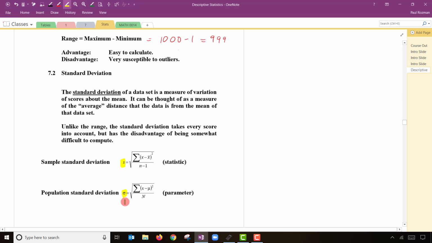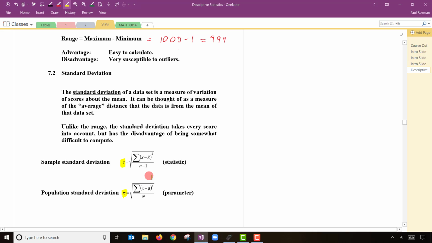We'll use s to estimate sigma. We don't know the population value typically. We usually have sample data, and we will use s then as a measure of how varied the whole population is, even if we don't know what the population is.